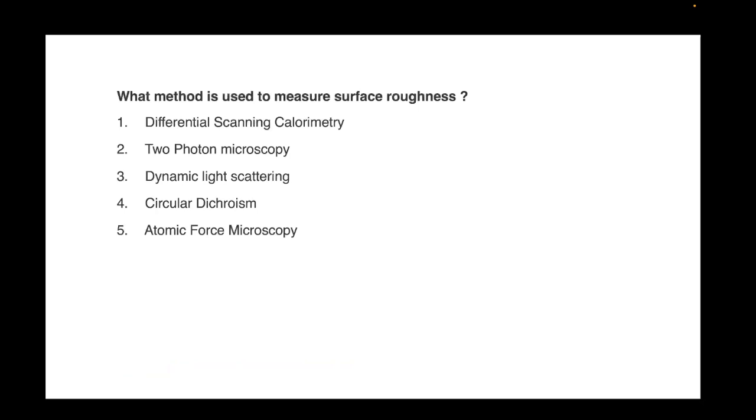Okay, moving on to the next question. What method is used to measure surface roughness? Options are differential scanning calorimetry, two photon microscopy, dynamic light scattering, circular dichroism, or atomic force microscopy.